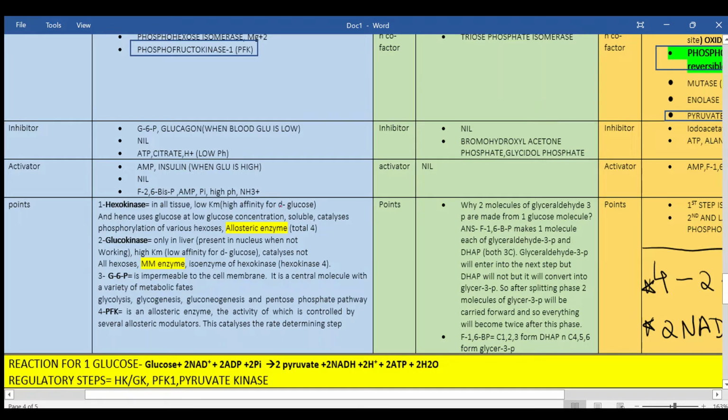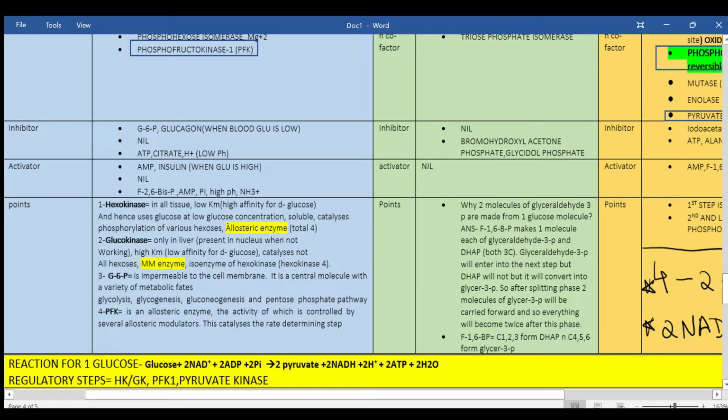It does not require a high concentration of glucose because it has high affinity towards it, right? It is a soluble enzyme. It catalyzes the phosphorylation of various hexoses, and it is an allosteric enzyme. And there are a total of 4 types of hexokinase enzymes.